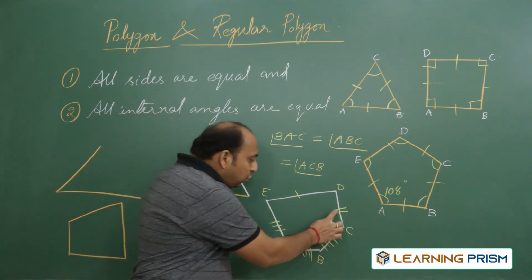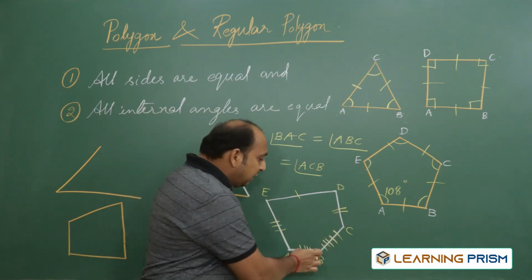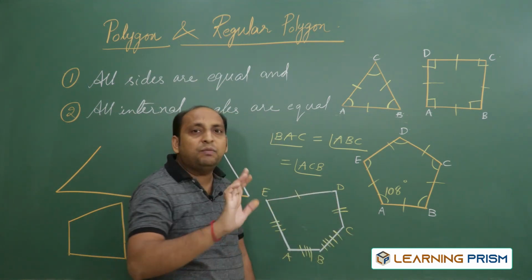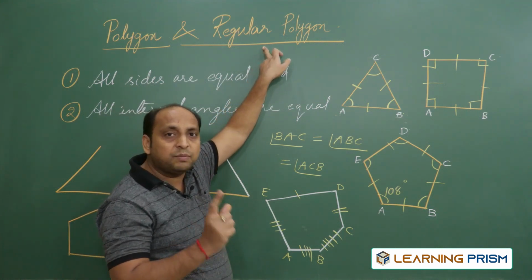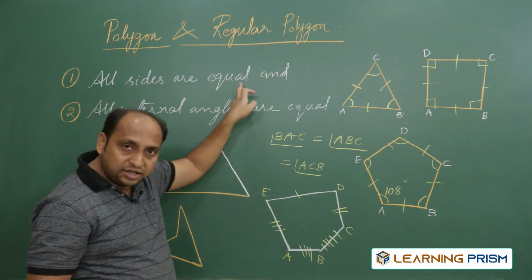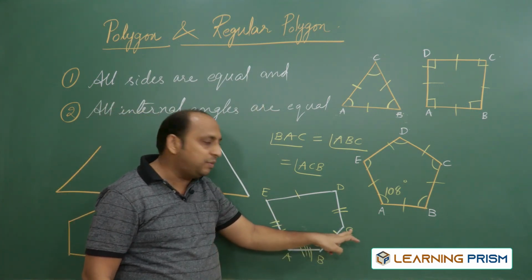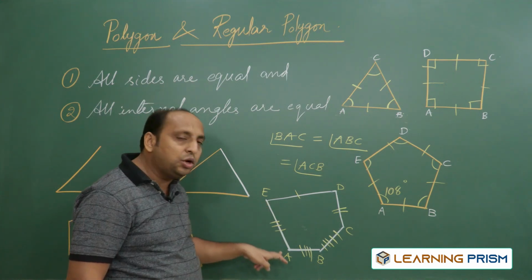Okay, even if two sides are equal to each other, that means BC is equal to CD, this particular figure still does not become a regular polygon, because for a regular polygon all the sides should be equal to each other. That means AB should be equal to BC, BC should be equal to CD, CD should be equal to DE, and DE should be equal to EA.